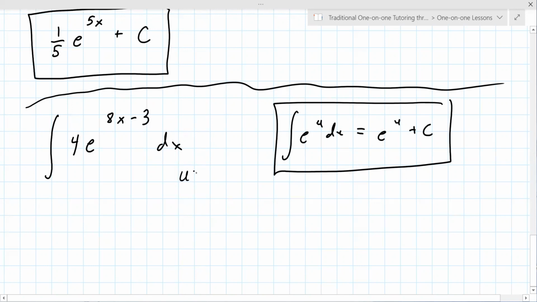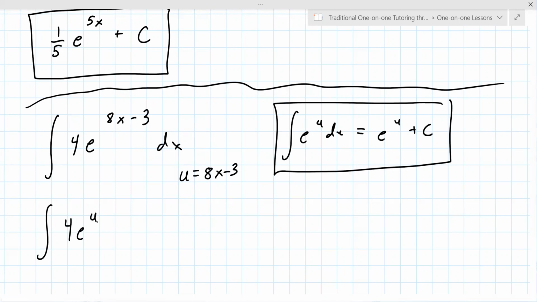So what should your u be? 4e? 8x minus 3. Because then it's the integral 4e to the u. This is quite confusing. Well, it is the first or second topic that you're going to cover.